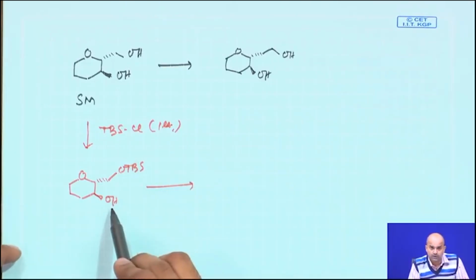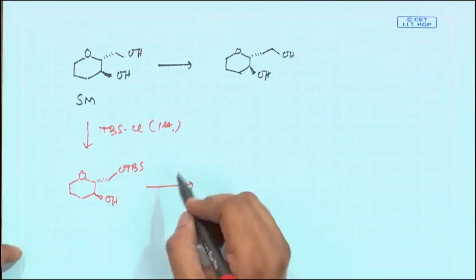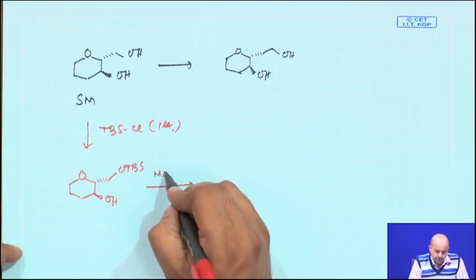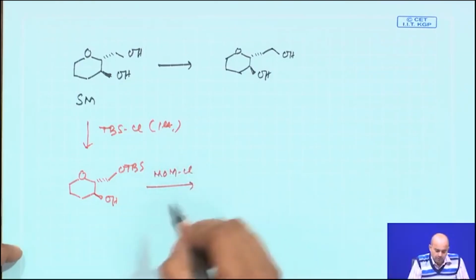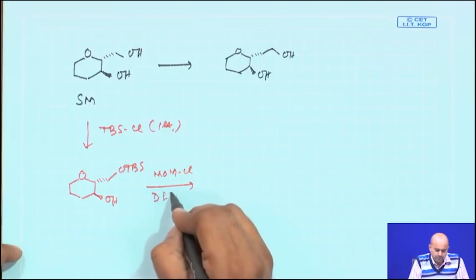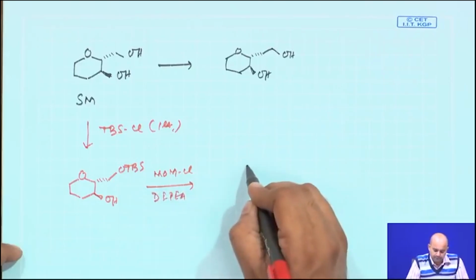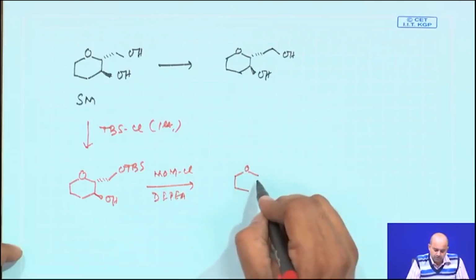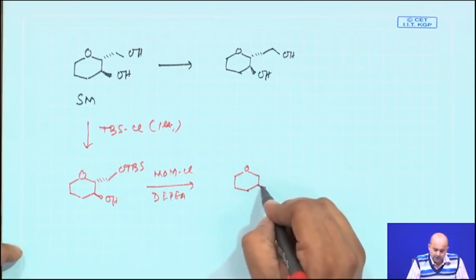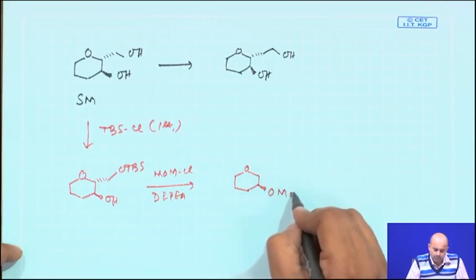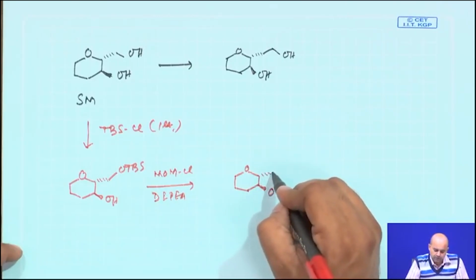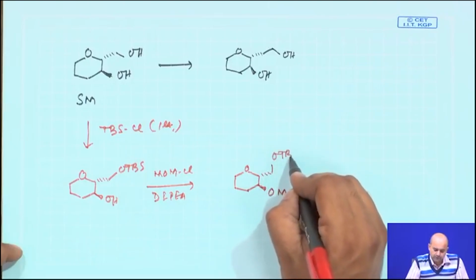You can use silicon protecting groups like tertiary butyl diphenyl silyl, which will not be affected when you do the acid mediated deprotection of TBS, but let us say we do other chemistry, you do a MOM chloride protection. MOM chloride, you use DIPEA. So, now this secondary is protected as this MOM, and this one is now OTBS.